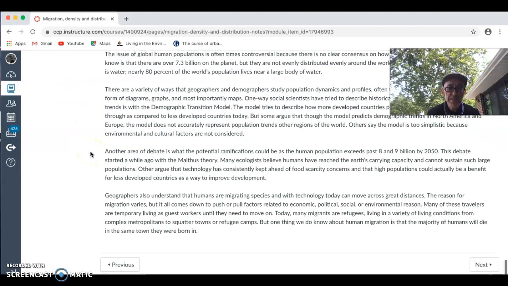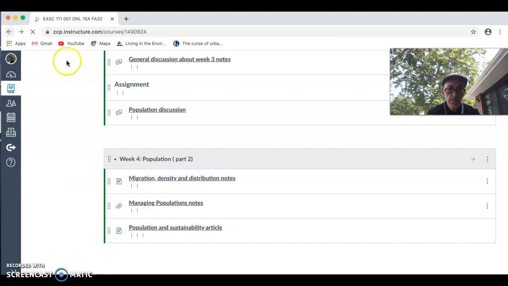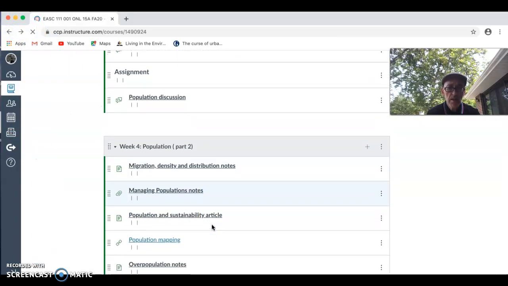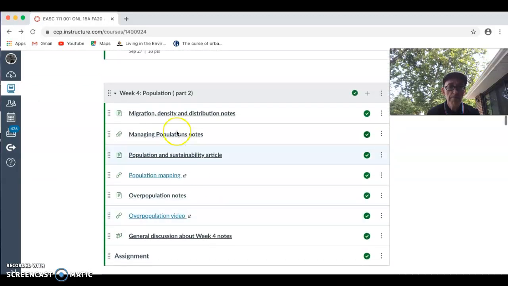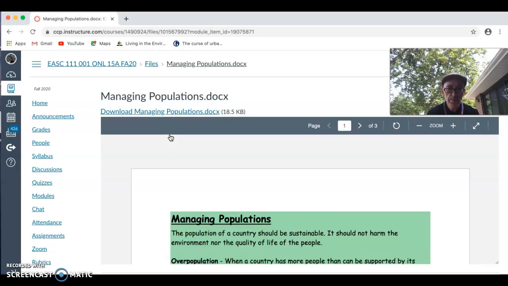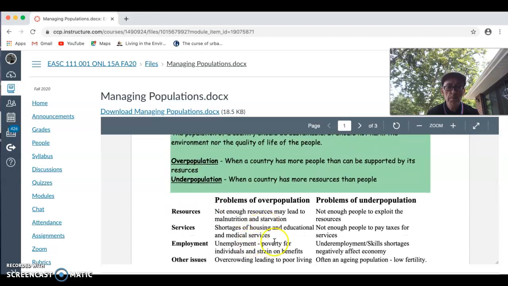So read through these notes and then go back, look at an area relating to managing the population. This is another useful area where we look at overpopulation, underpopulation, and some of the problems relating to this.